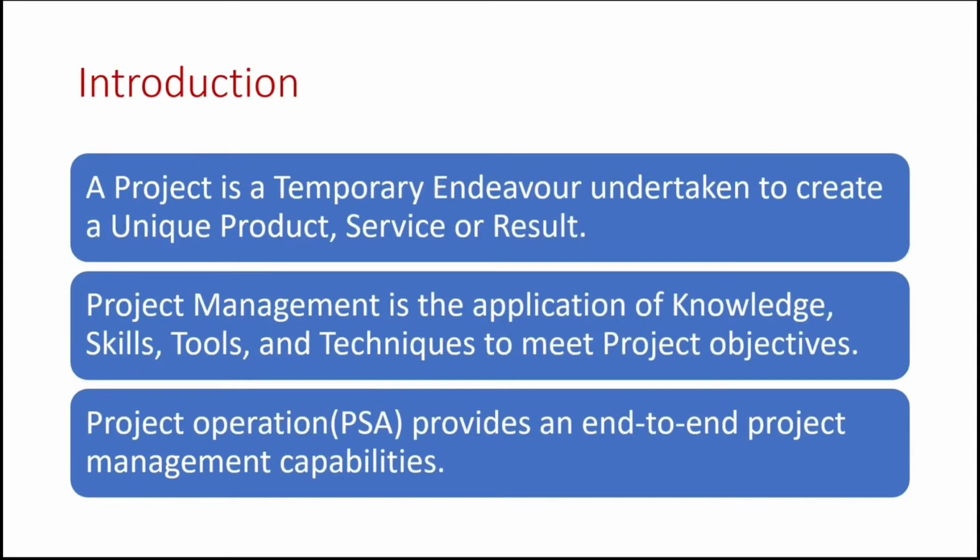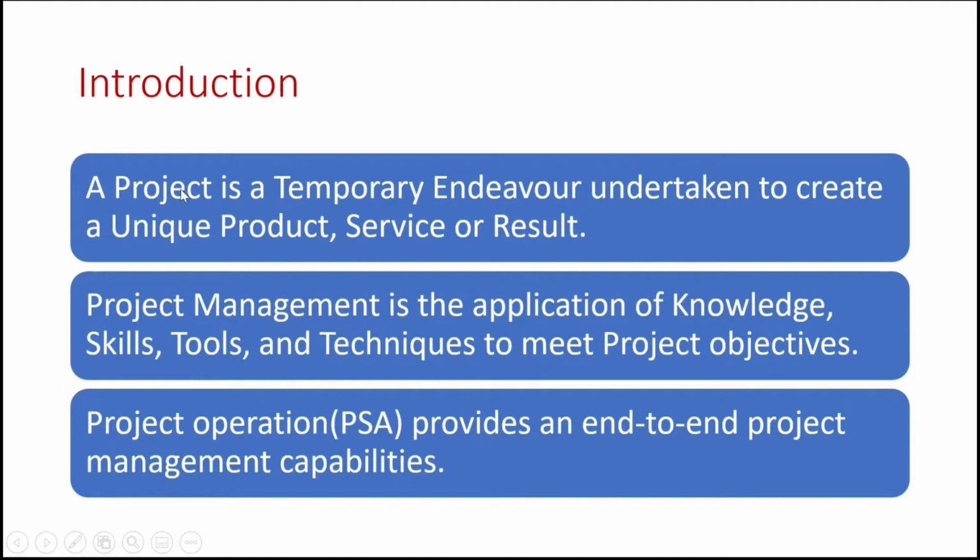So before going to project service automation, we first need to know what is project and what is project management. This is a simple definition. A project is a temporary endeavor undertaken to create a unique product, service, or result.